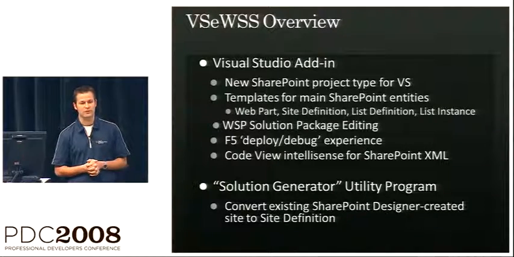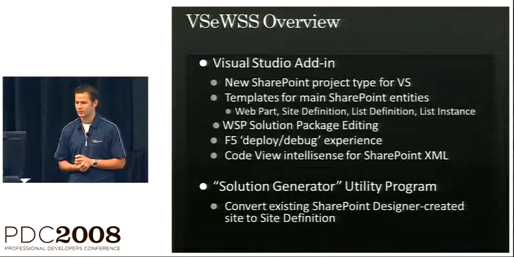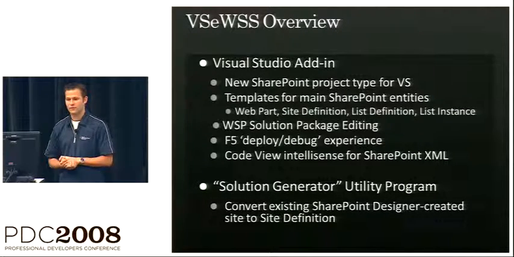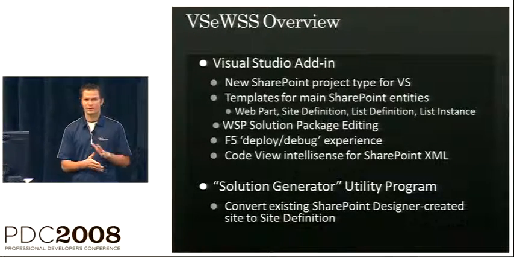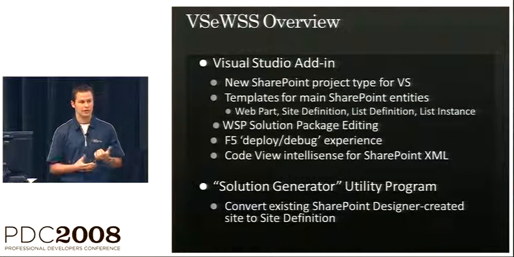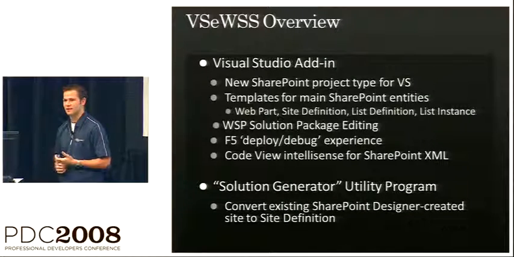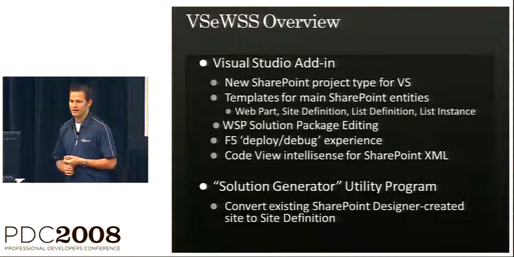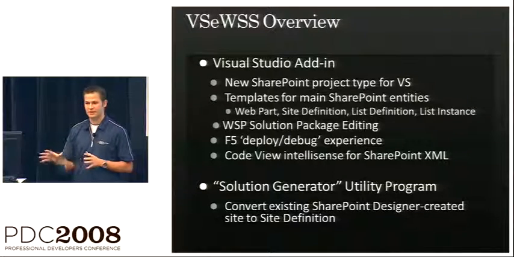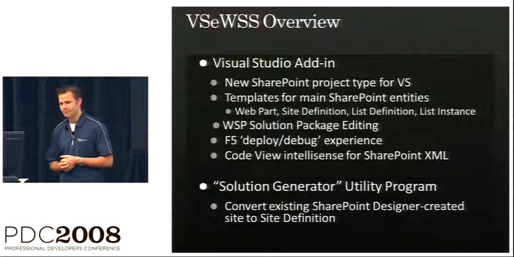The first part is the Visual Studio add-in itself, and the second part is a utility program called the Solution Generator. So the Visual Studio add-in adds a bunch of project and item templates to Visual Studio that allow you to help build out SharePoint applications. We cover things like web parts, site definitions, list definitions, event receivers, and so on. And we'll touch many of those in the application building exercise later on.